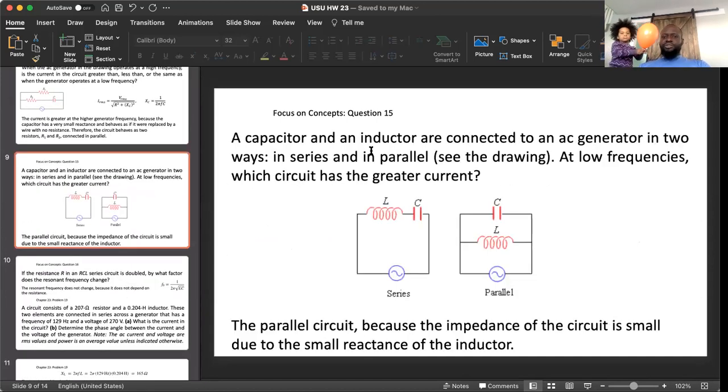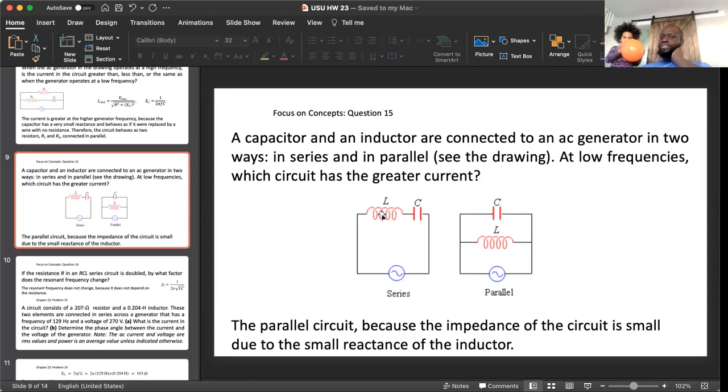A capacitor and inductor are connected to an AC generator in two ways, in series and in parallel. At low frequencies, which circuit has the greater current? So when you connect in series and you connect in parallel, you can tell from the parallel connection, you always get a smaller impedance.